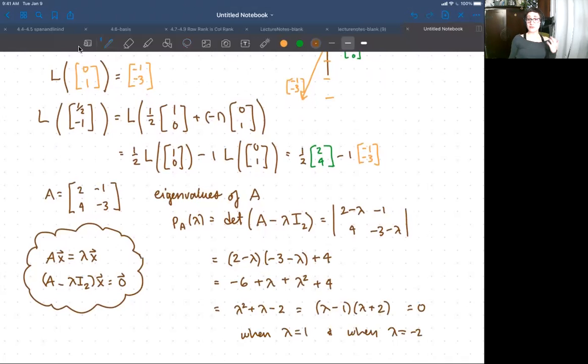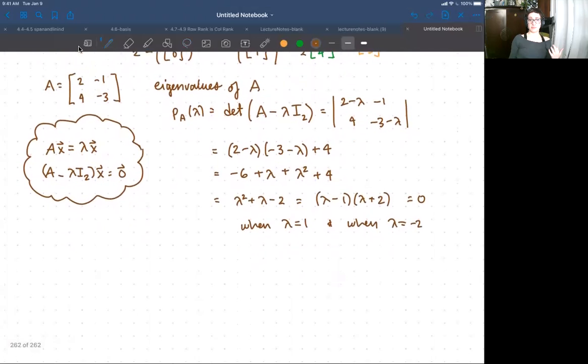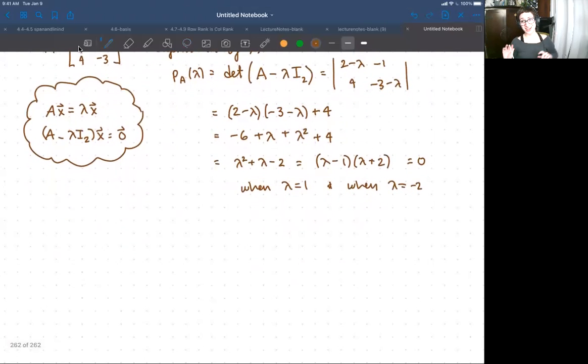All right, so from here, we go on and we calculate some eigenvectors. And I promise we're going to get to the Whygenvectors, but let's get the eigenvectors first so I can draw some pictures. All right, so we take our delightful eigenvalues. Let's take lambda equals 1 first.